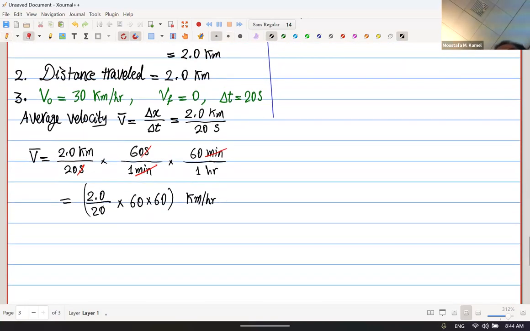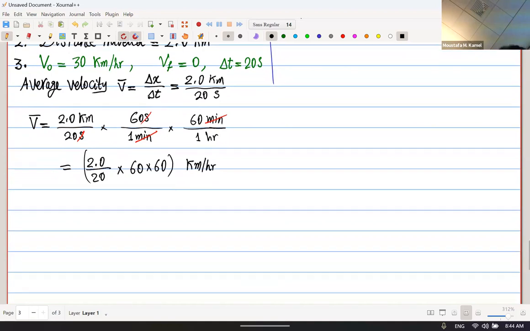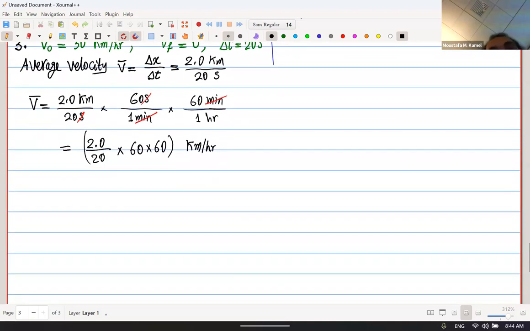You can calculate that. My mind is not working to calculate it. But it's just plugging it into the calculator. This is the average velocity. I guess this will be 360 kilometers per hour, if I'm not mistaken.